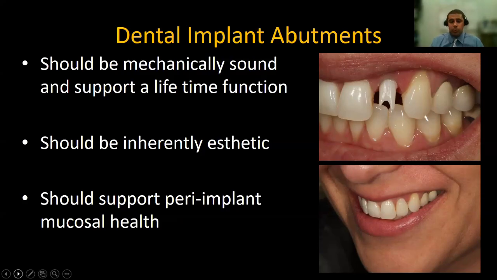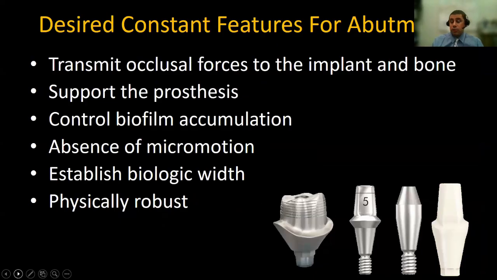And of course, it should support peri-implant mucosal health, again for the function and the aesthetics of the dental implant. It's also very important to transmit forces to the bone and minimize the amount of stress at the implant abutment interface. And by that, we can probably have better implant health long term.